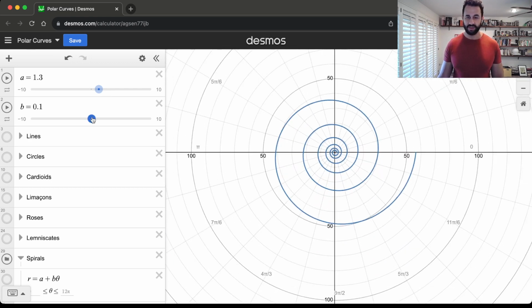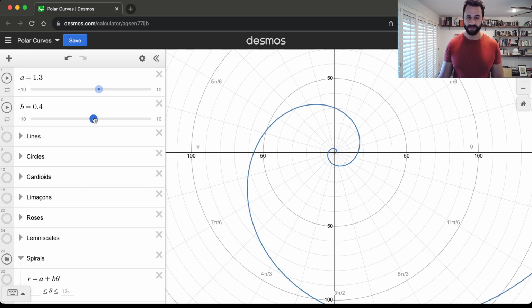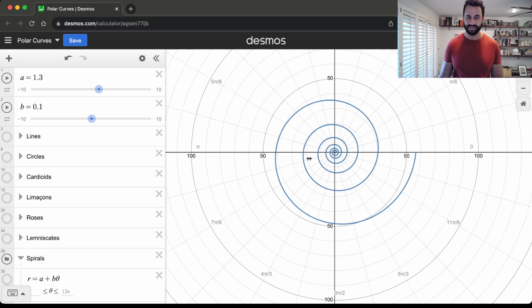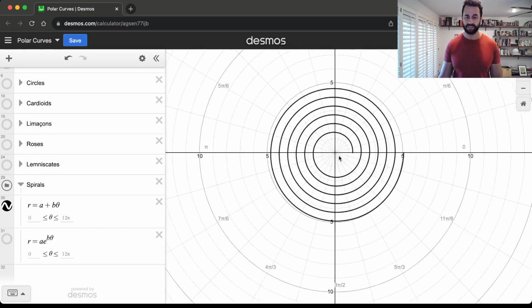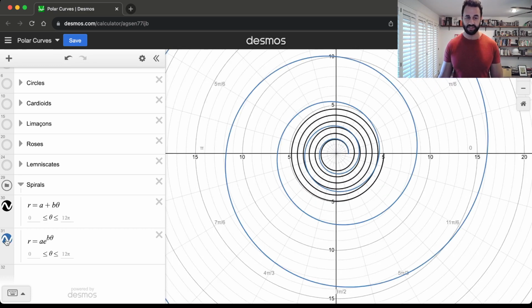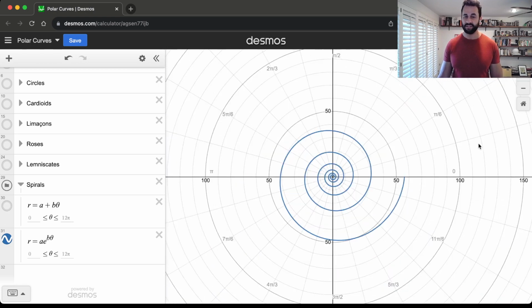As b gets bigger, it pushes the spiral farther apart. This is what you see in things like a shell on the beach. They grow in a logarithmic spiral as opposed to an arithmetic spiral, which would look like this, a tight arithmetic spiral. That versus that. Different kinds of spirals.